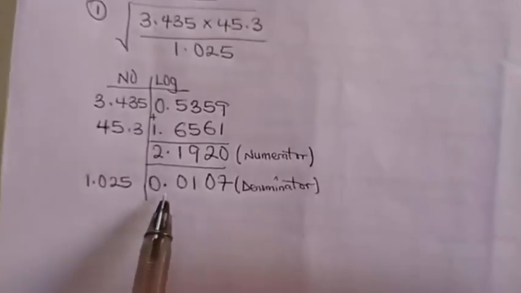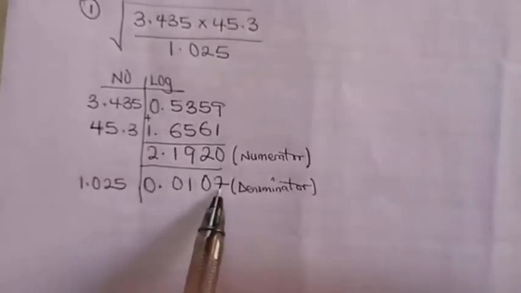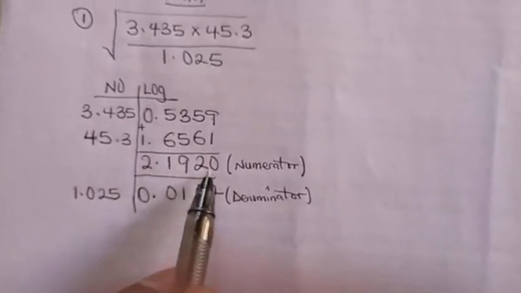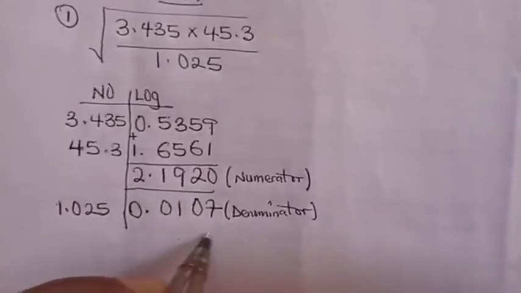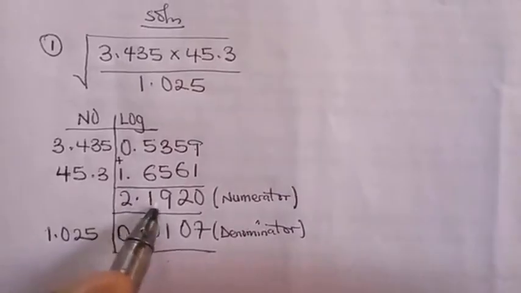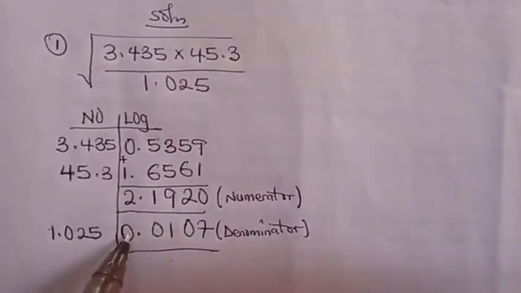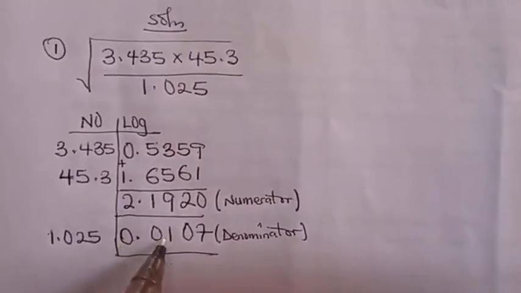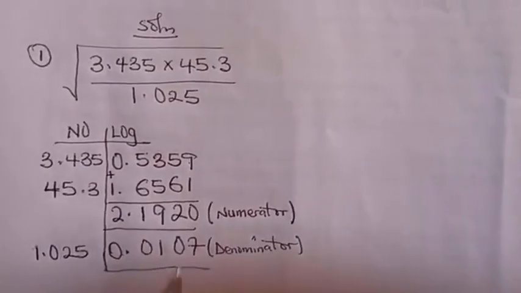So we are going to subtract 0.0107 from 2.1920. And doing that, we are going to have 2.1920 minus 0.0107.